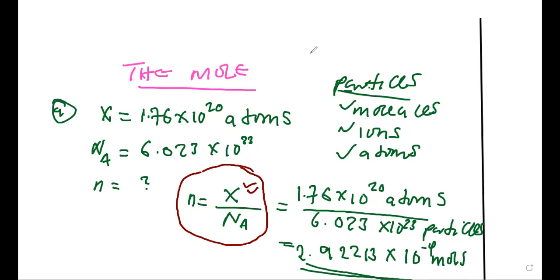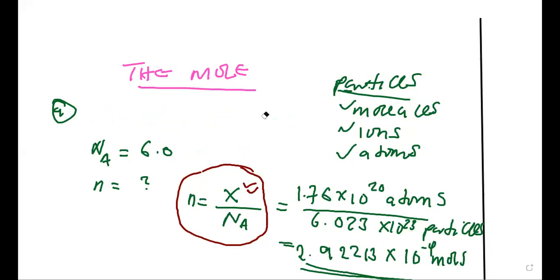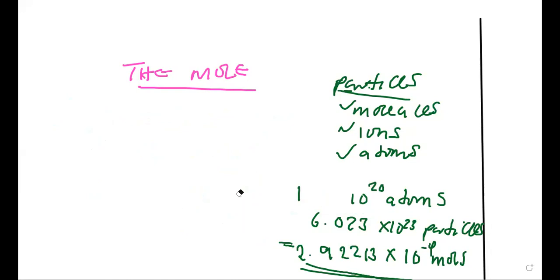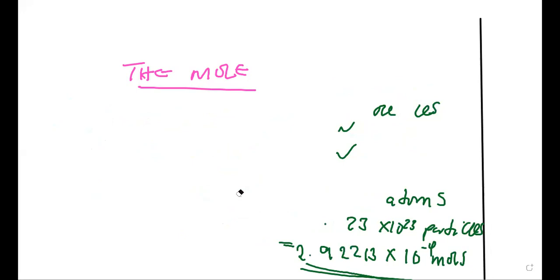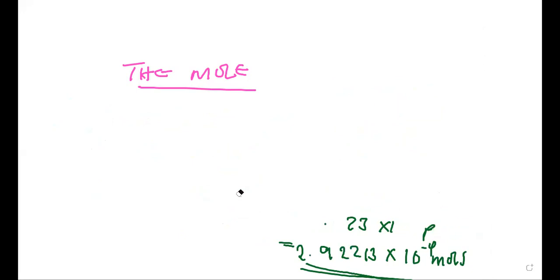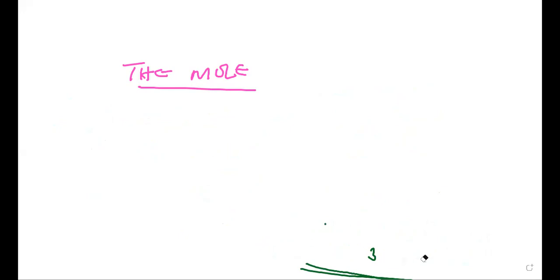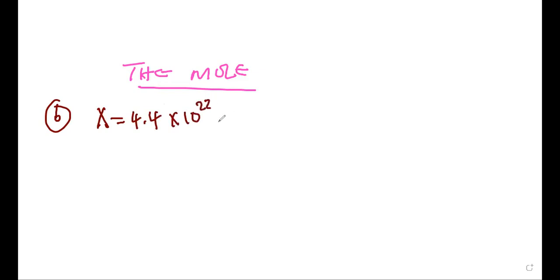So let's quickly look at the second example. Okay, so B was telling us that X was 4.4 times 10 to the power 22 molecules.